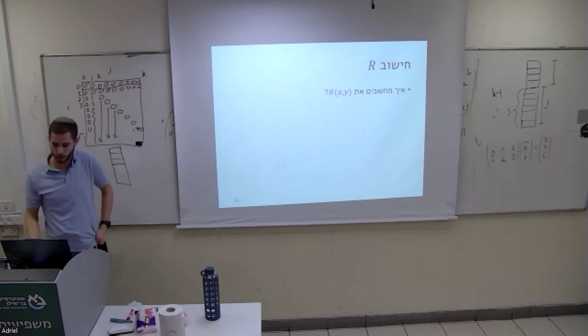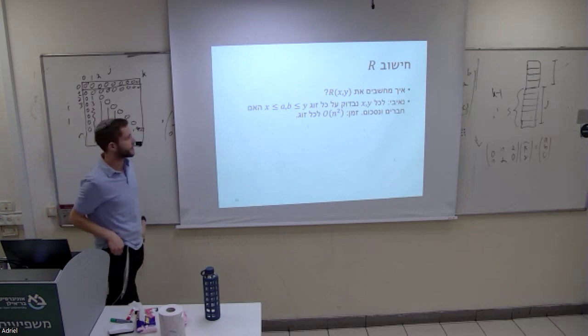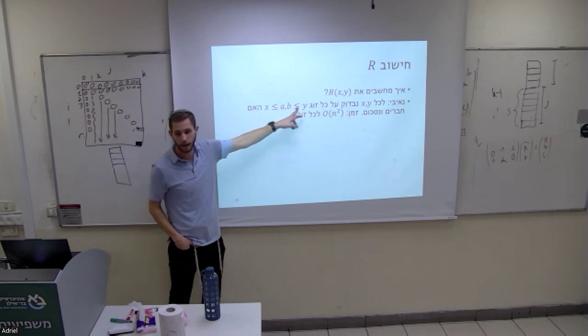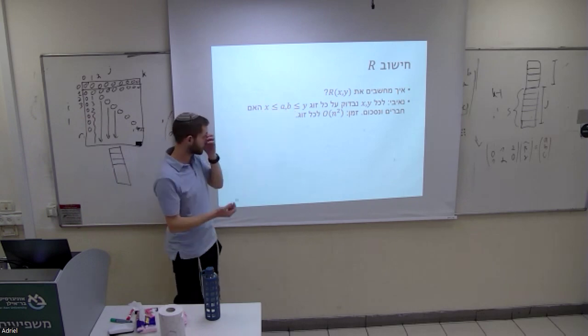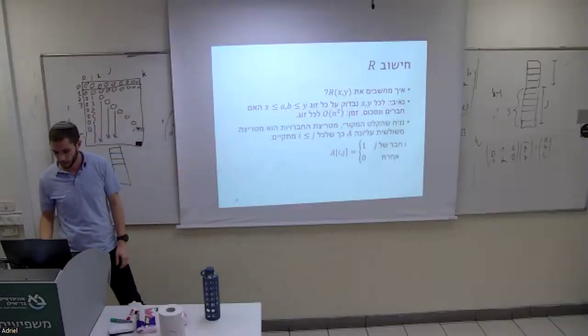Okay, so now how do we compute R? The naive solution is, for every X and Y, we check the number of friendships between X and Y, the number of A and B's in our matrix. We have a matrix that's given to us that says whether each pair is a friend or not.